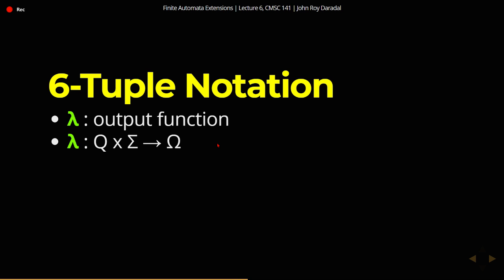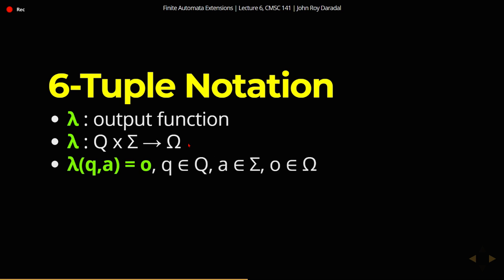So what makes the output function of the Mealy machine different? For the Mealy machine, we have the lambda, which is the output function, map your set of states Q and your input symbols sigma to an output symbol from omega. So your lambda will look like this: lambda(Q, a) = O, where O is an output. The format looks similar to your delta transition function.